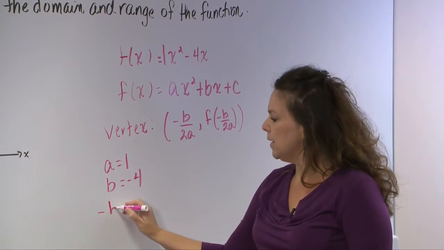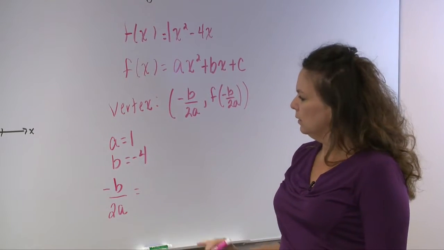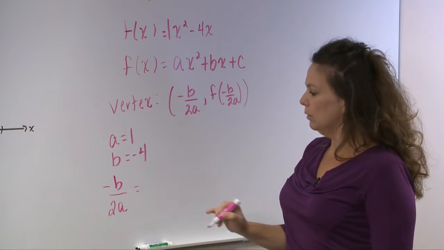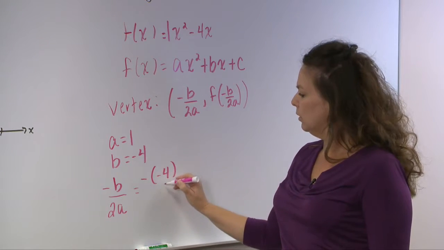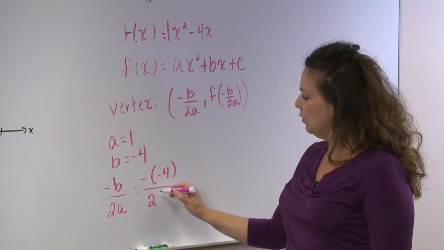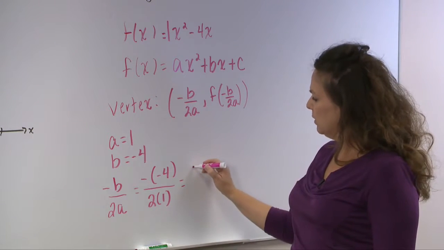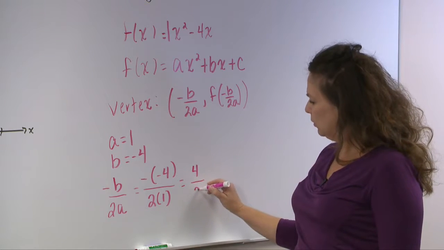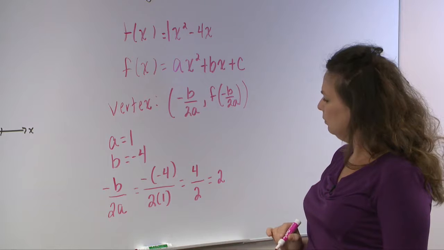That is the minus b over 2a. So I'm going to substitute in negative 4 for b. So I have the opposite of negative 4 over 2 multiplied by the value of a, which in this case is 1. So two negatives give us a positive over 2, which simplifies to 2.